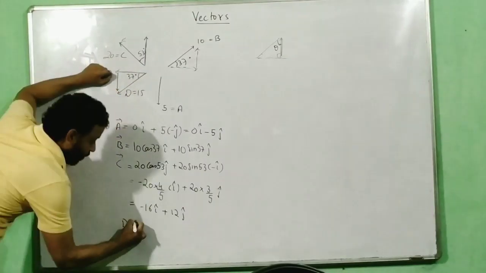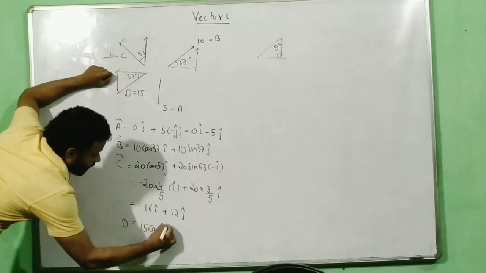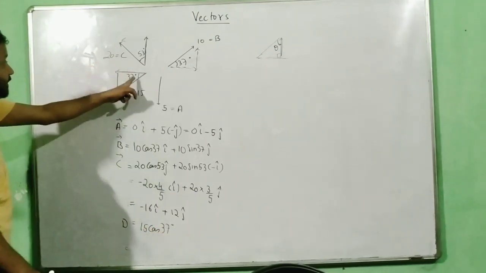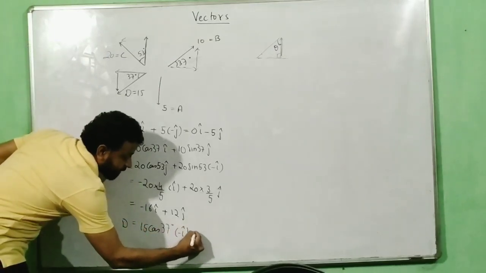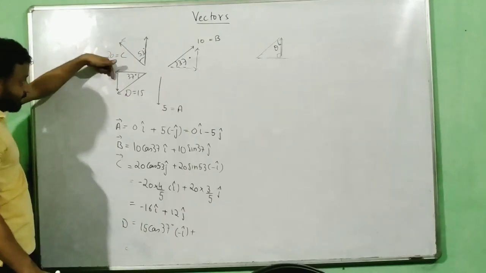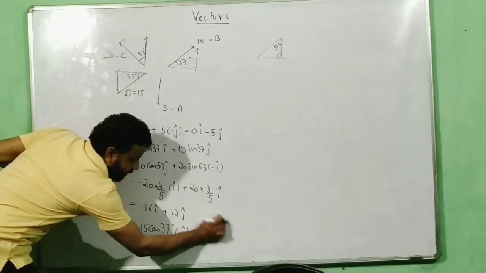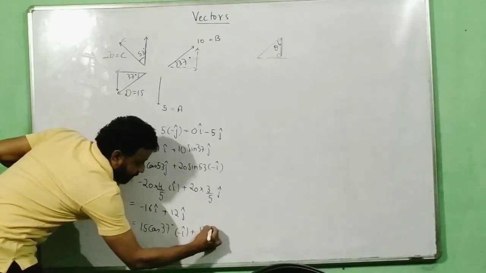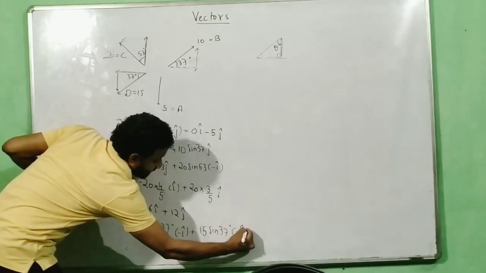So I will write here as cos, so that is 15 cos 37. Which direction? This direction is I cap, sorry, minus I cap. So minus I cap plus, and then this one is D sin. D is 15, so 15 sin 37 in the direction of minus j cap.